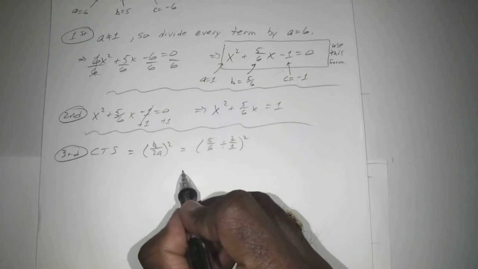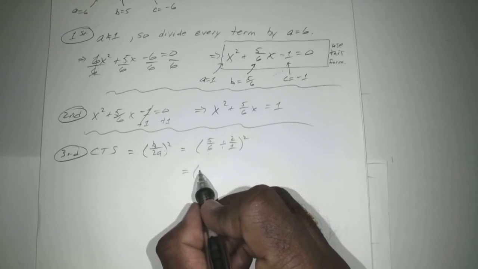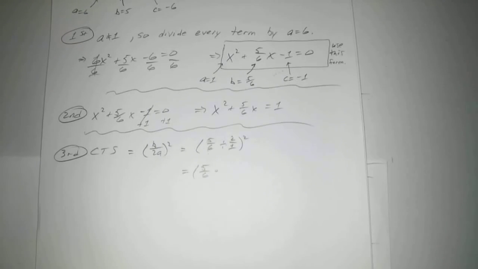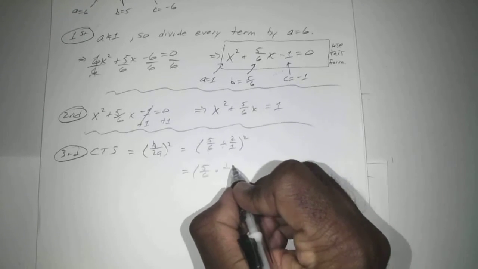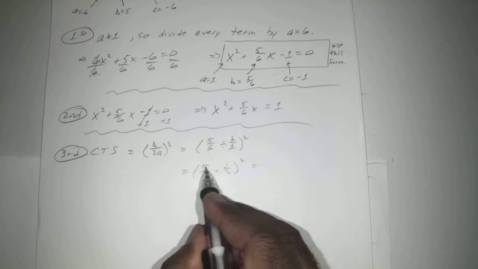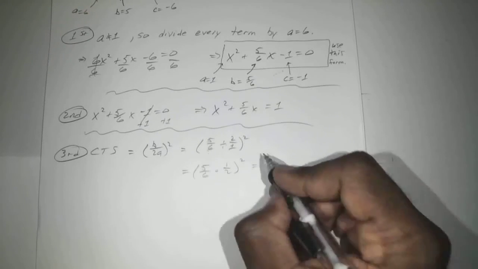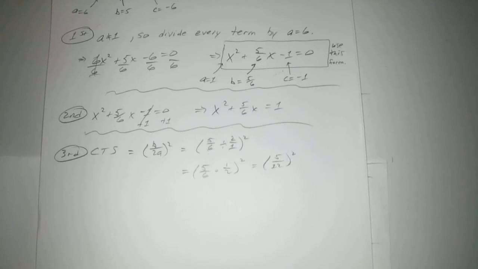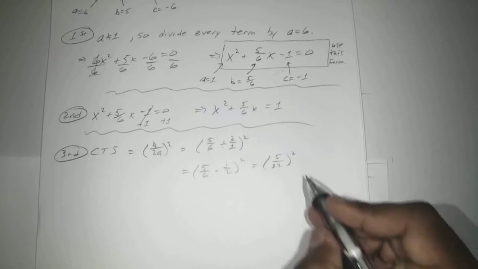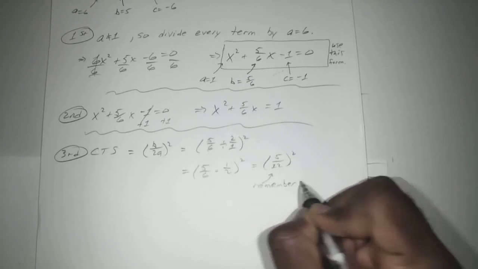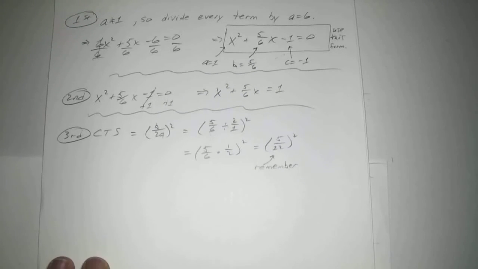So that means we have our first fraction. Division changes to multiplication, then you flip the second one. So you have 5 over 12 squared. Remember, just before you apply that square, you remember that value.